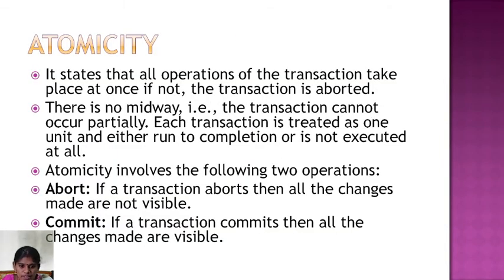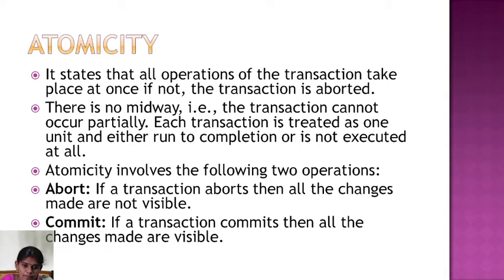So this is atomicity. Atomicity means all the operations of the transaction take place at once. If not, the transaction is aborted. So the A operation and B operation must both be completed; otherwise, the transaction is aborted. In the midway, the transaction cannot occur partially. Each transaction is treated as one unit and either runs to completion or is not executed at all.